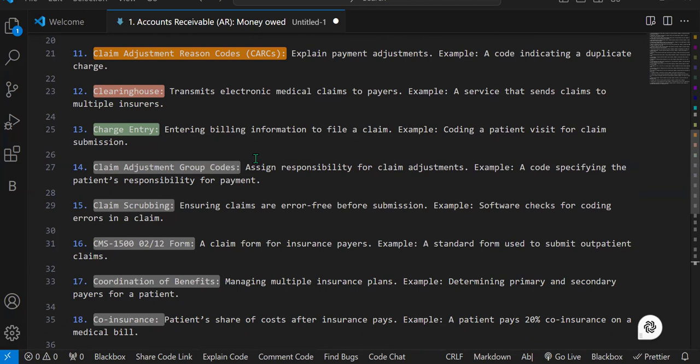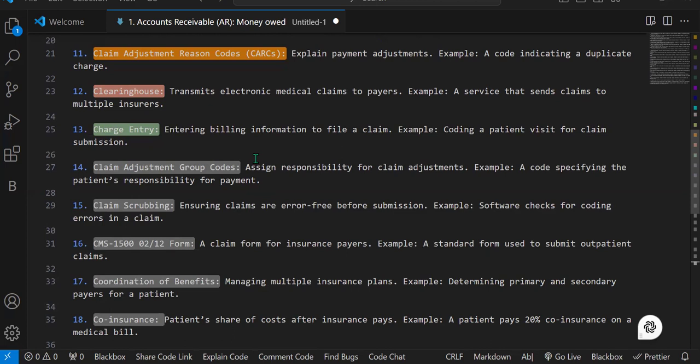An outpatient is a person who goes to the hospital for a treatment and completes the treatment within 24 hours, then leaves the hospital. Inpatient means a patient who goes into the hospital for treatment and stays for more than 24 hours. I hope you understand inpatient and outpatient. The CMS 1500 is a standard form used to submit outpatient claims.